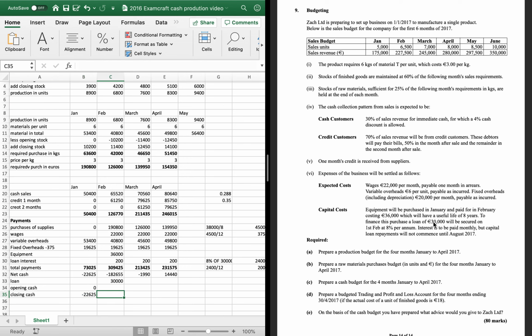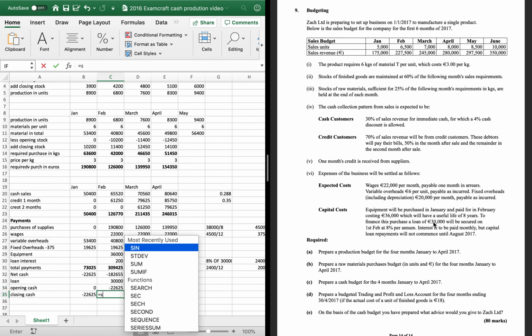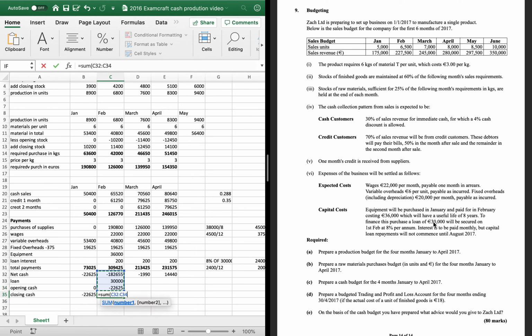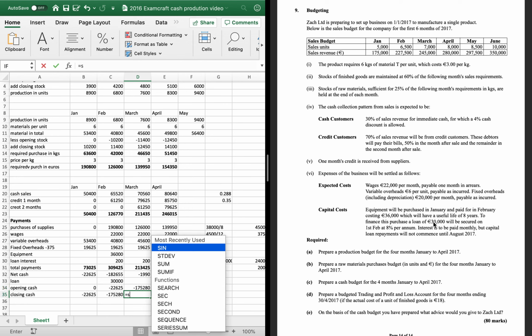You need to bring that up then to the next month. So then it's net cash plus loan plus opening cash is closing cash. So minus 182,655 plus 30,000 minus 22,625 is minus 175,280. Bring that up to the next month. And again, total them.